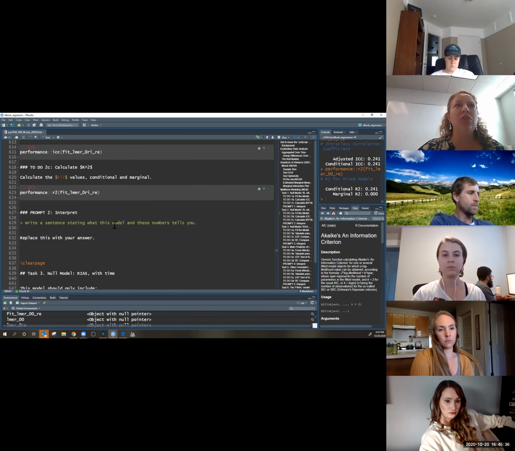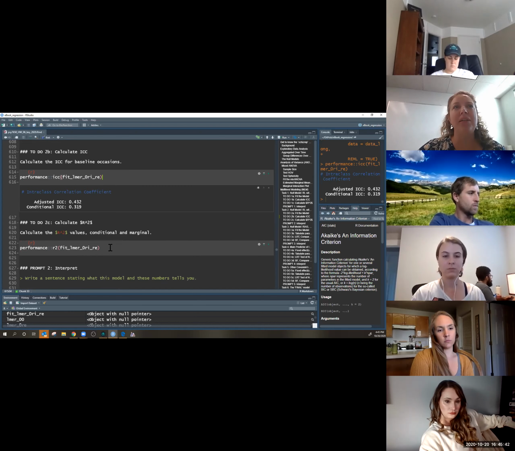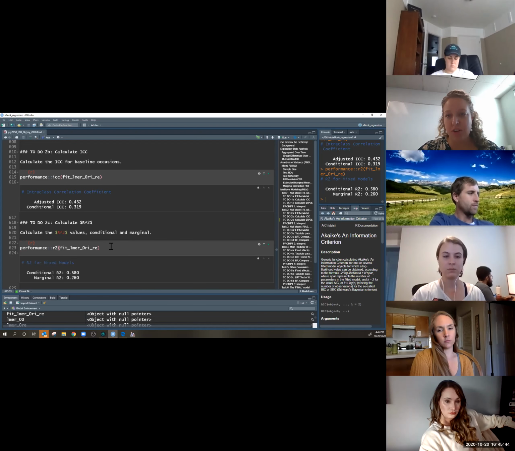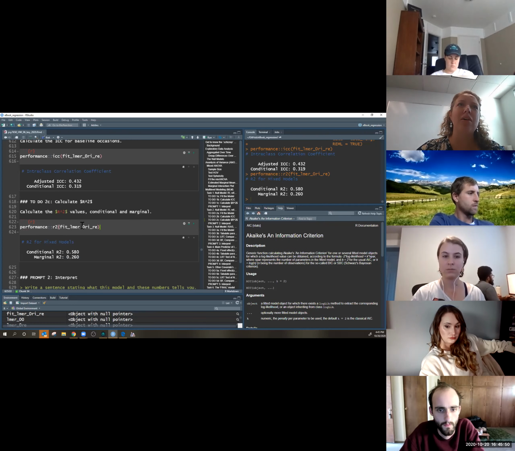So now when we do our ICCs and R squareds, they will not all be the same. We'll get 4 different numbers. They're all slightly different, all in the same ballpark, 0.26 to 0.58, but not the same number.